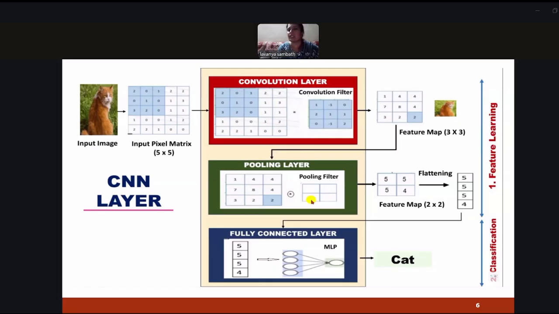In this fully connected layer, you can use a multi-layer perceptron, and on top of it, you can do any kind of classification. So generally in a convolution neural network, there are 3 layers: convolution layer, pooling layer, and fully connected layer. The first 2 layers are meant for feature learning, and the last layer, the fully connected layer, is meant for the classification task.